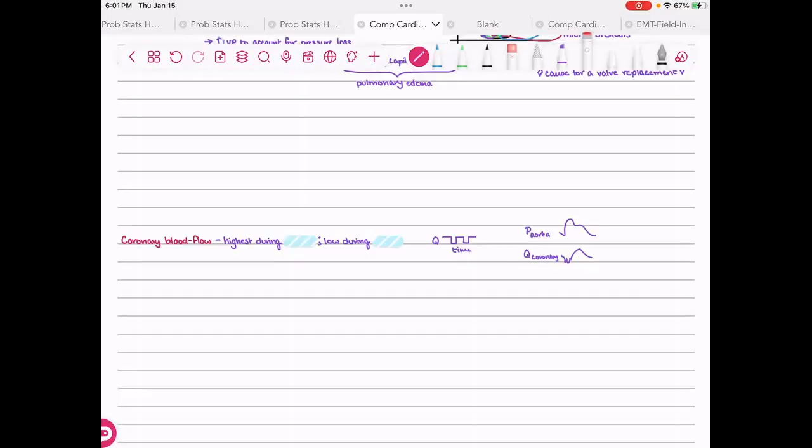So another good thing to keep in mind is coronary blood flow. Your coronary vasculature is in the heart instead of in the rest of the body, and it kind of follows a flow relationship opposite to what you would see the heart muscle doing. So coronary blood flow is highest during diastole and lowest during systole.